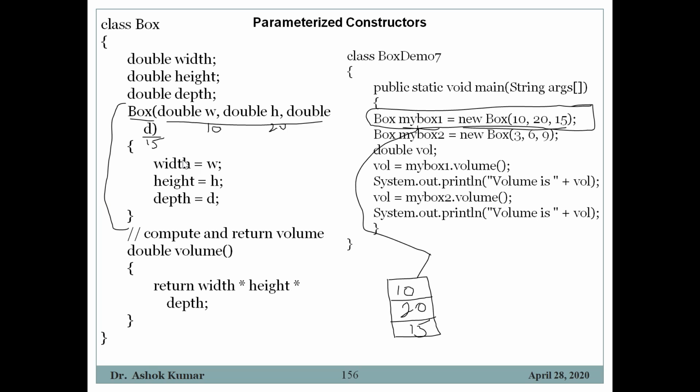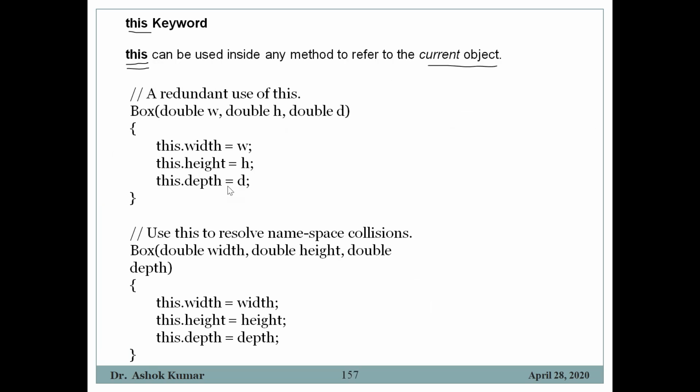But if you keep the variable name same as that of the instance variable, for example, in this case, this constructor box is having the local variables width, height, and depth. And instance variables are also width, height, and depth.